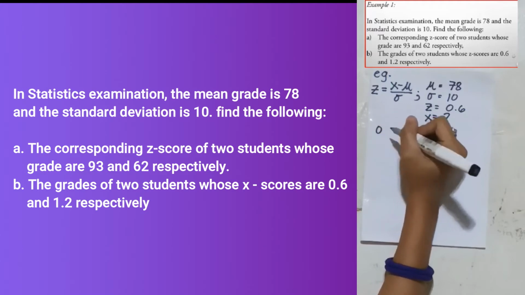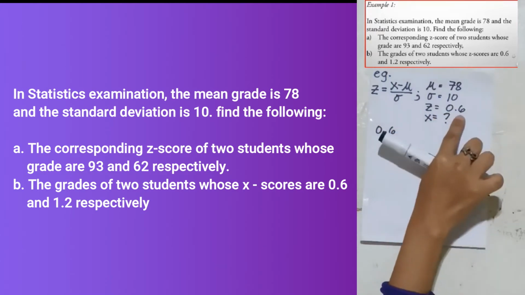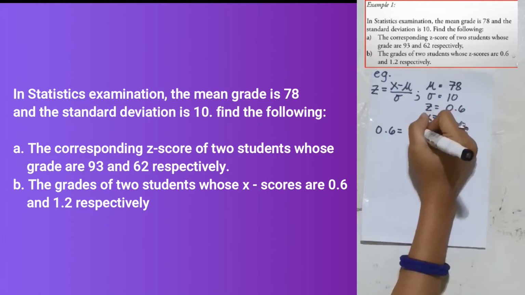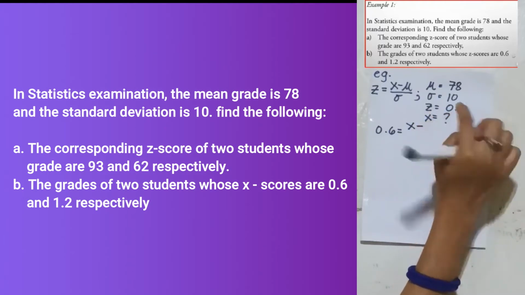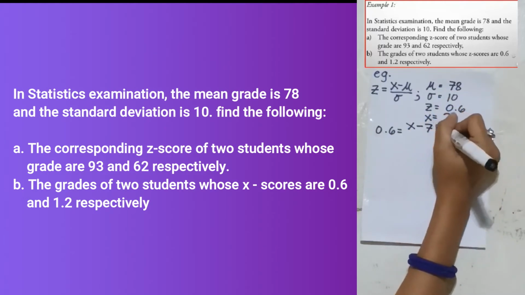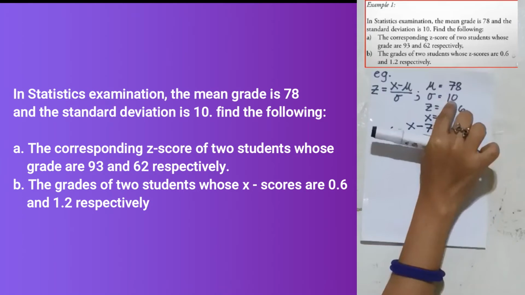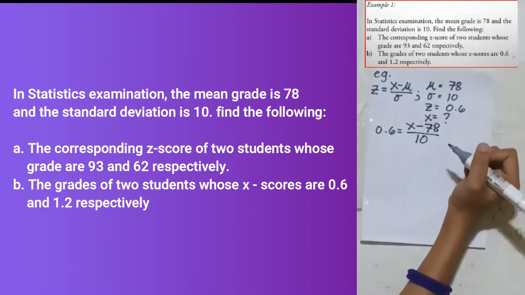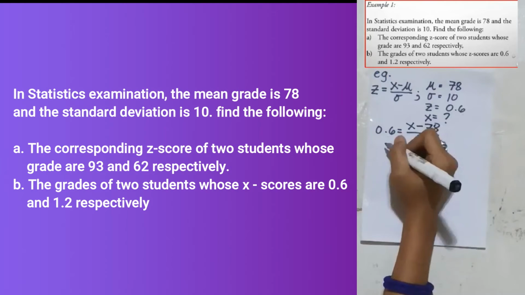So here it is. Substitute their values. So our z-score is 0.6. Then x is missing, then minus 78, which is our mu, and divided by sigma.